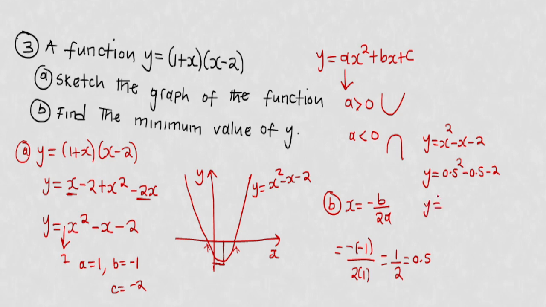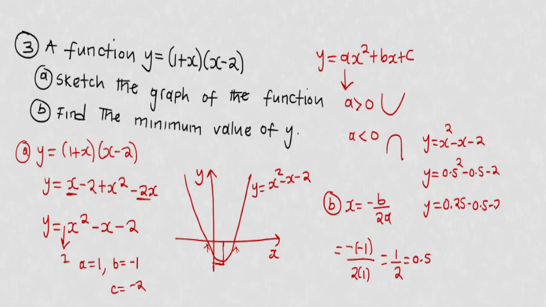What is 0.5 squared? 0.5 squared is 0.25, because 5 times 5 is 25. So minus 0.5 minus 2.